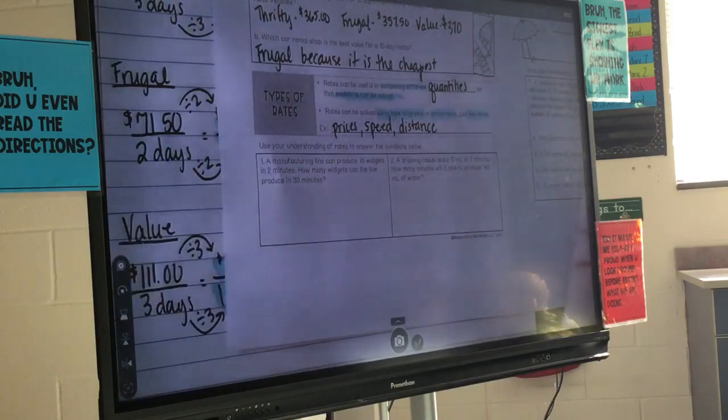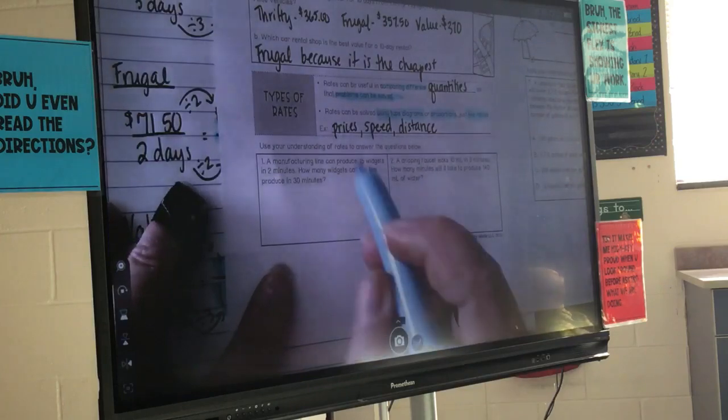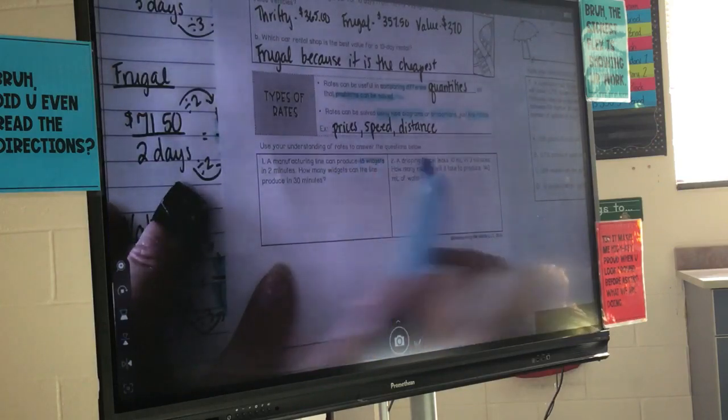We're going to go rate to unit rate to new rate, just so, again, you practice finding the unit rate and then using that unit rate to find the answer. So it says it can produce 15 wedges in 2 minutes.